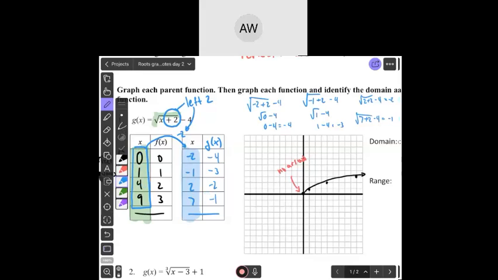So I'm going to plot those 4 points. -2, -4. -1, -3, 2, -2, 7, -1. So I have those 4 points. It's the same shape as the last graph. It still goes from one point to the right only. So do not draw an arrow here.